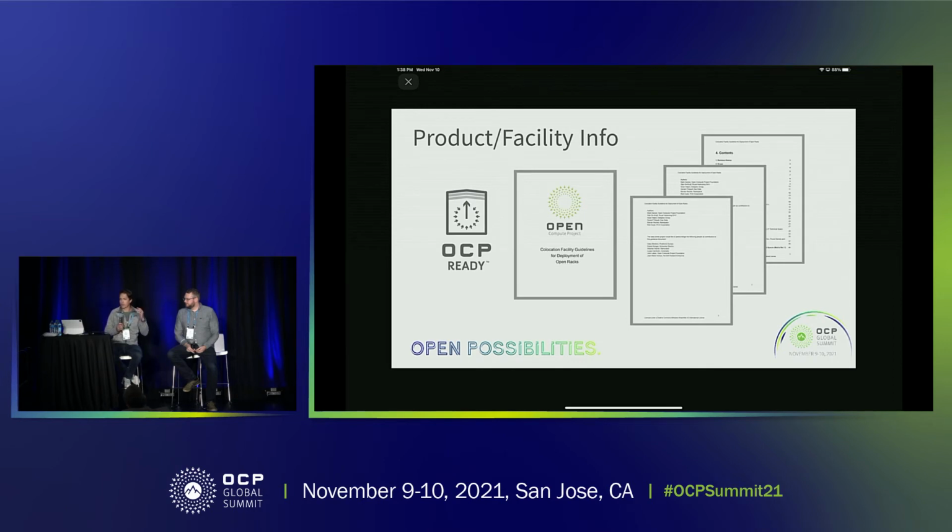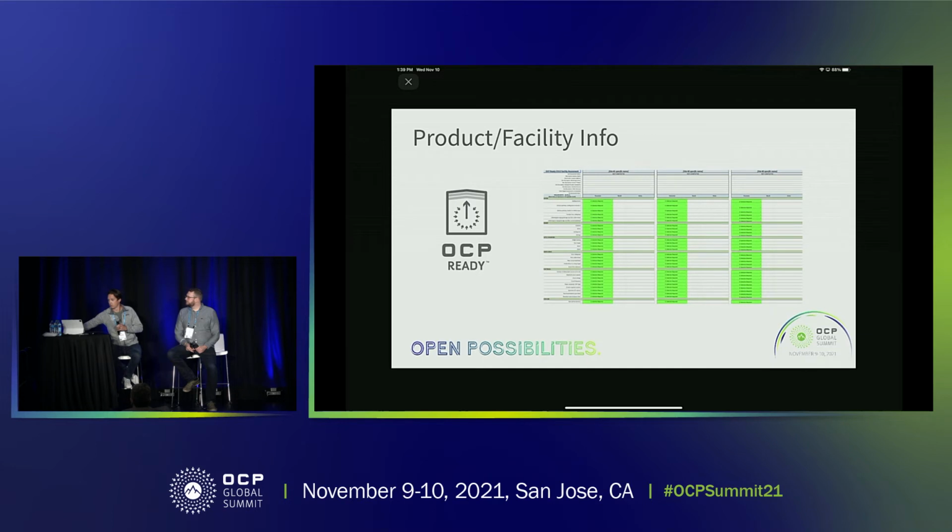So there are examples right now. You can go onto the OCP Ready website within the OCP and look at the guideline documents yourselves. They're out there along with the facility info. We have a database of all the OCP Ready facilities, and they've submitted their information, so that's available as well. This is what the checklist looks like.